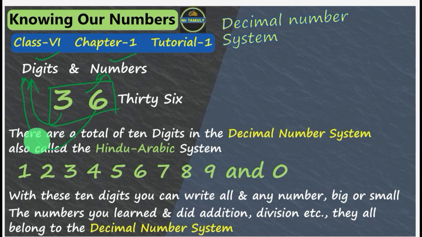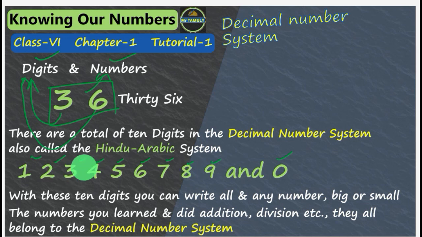The next thing I'd like to tell you is that in the decimal number system we have got 10 digits. They are 1, 2, 3, 4, 5, 6, 7, 8, 9 and 0. With these 10 digits you can write all numbers, big or small.